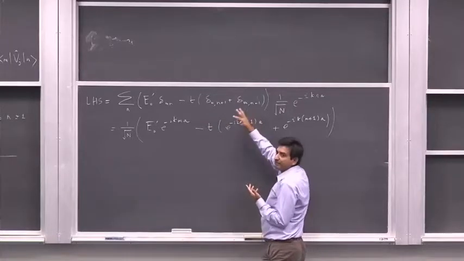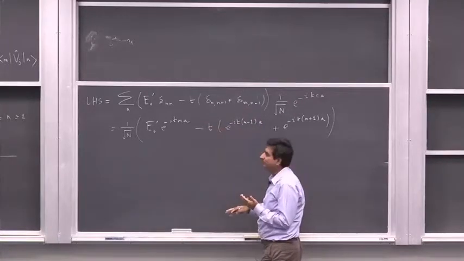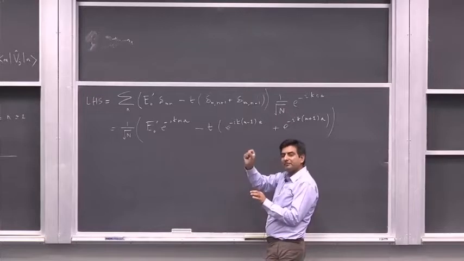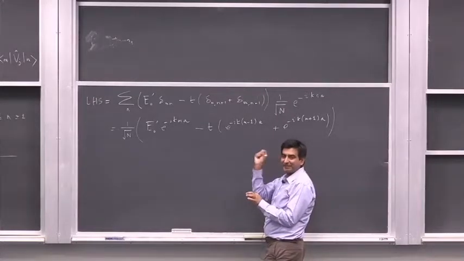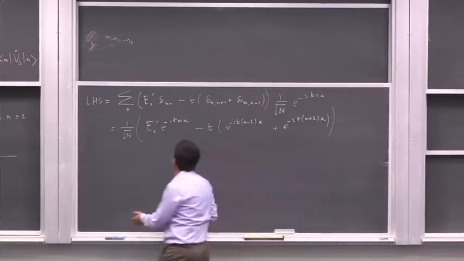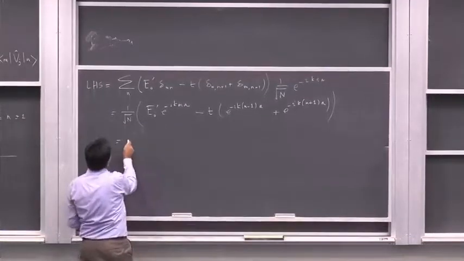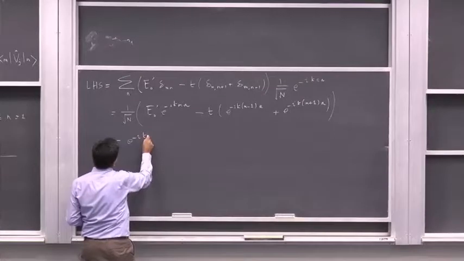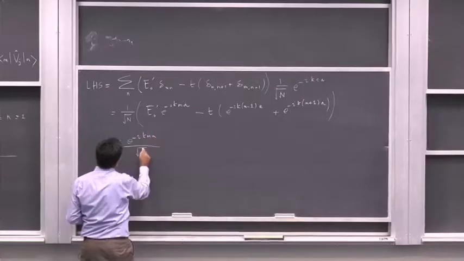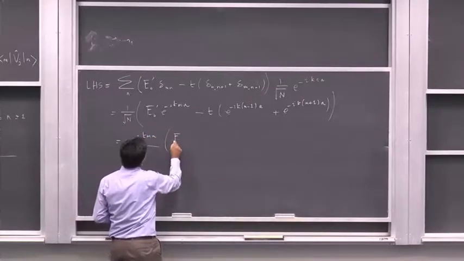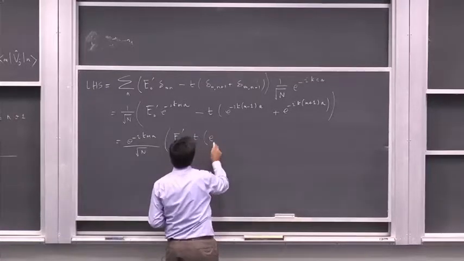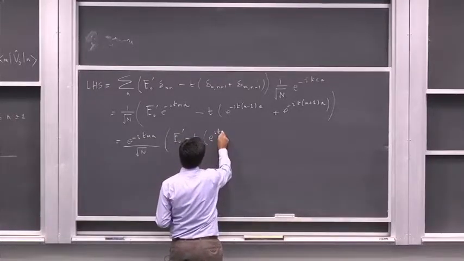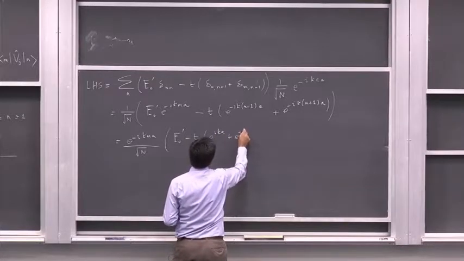Here n must be equal to m plus 1, otherwise it's 0. So I'm just sampling one particular value of n, which has the correct form. So this gives me e raised to minus i k m a over under root n, E naught prime minus t, e to the i k a plus e to the minus i k a.